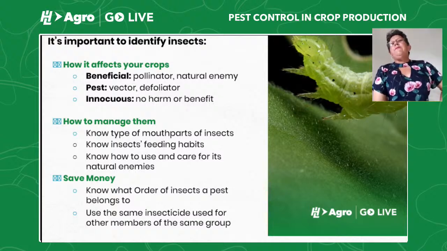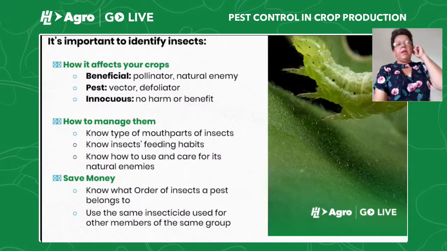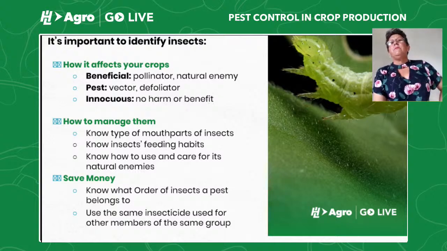We need to identify insects to be able to manage them. Why is it important to identify insects? To know how they affect our crops, whether they are beneficials, for example, pollinators, natural enemies, whether they're pests, they can be vectors, defoliators, borers, or they are innocuous. They cause no harm or no benefit.